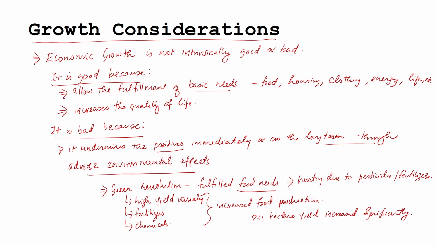Okay. Per hectare yield we got very high by using high yielding varieties, fertilizers and chemicals, but in the long term it is hurting us because it is causing things like cancer, other issues, and it is affecting the environment, etc. So, yes, economic growth is good because it allows us the positives, and it also is bad because it has its own negatives.